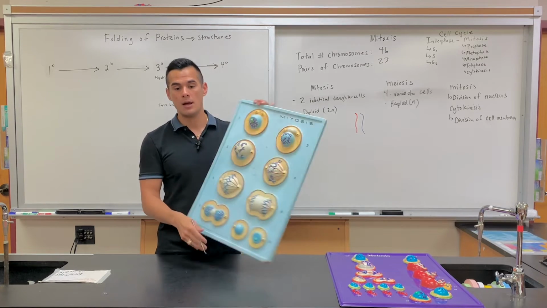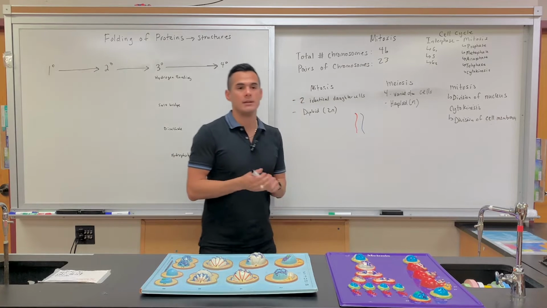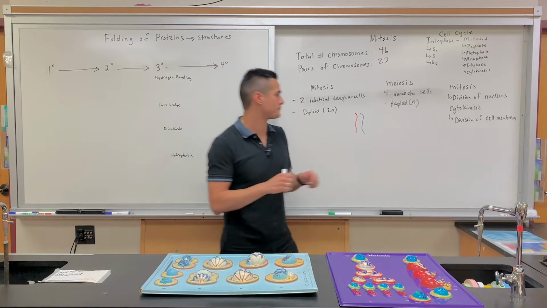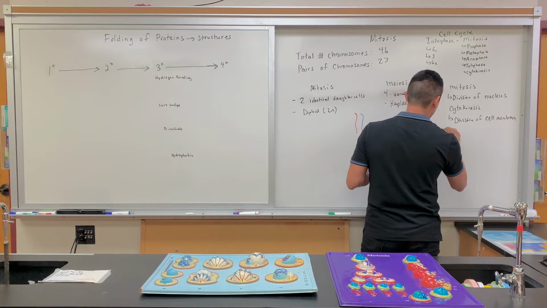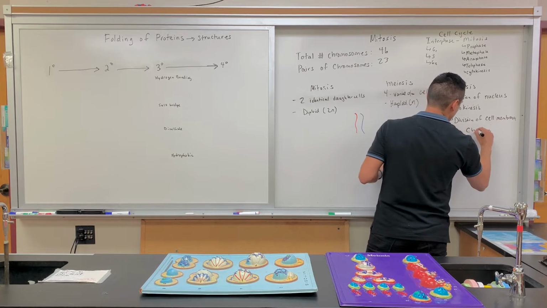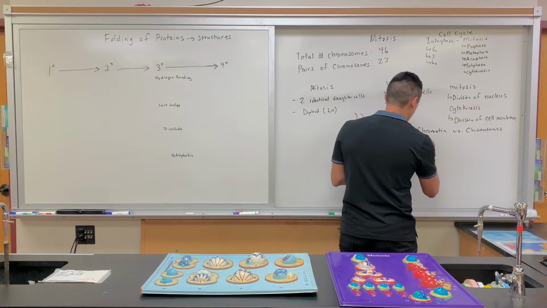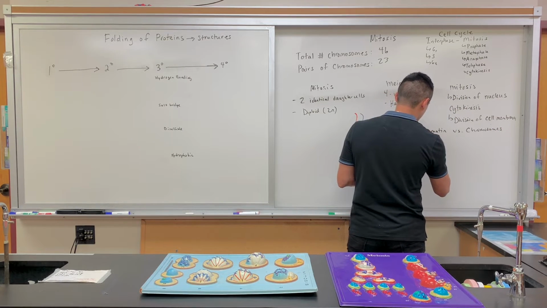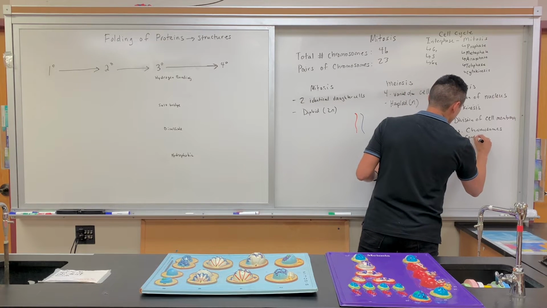Chromatin is loose, it looks like spaghetti, and then chromosomes are condensed.